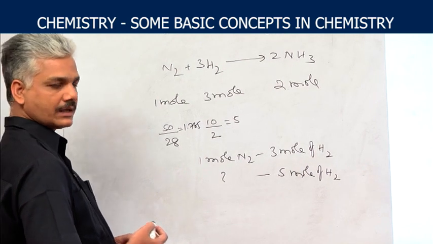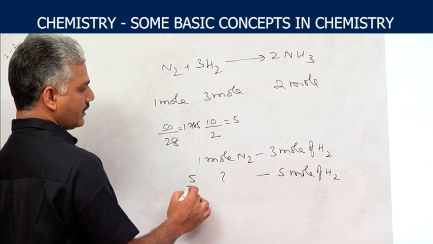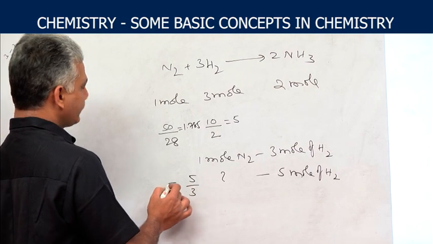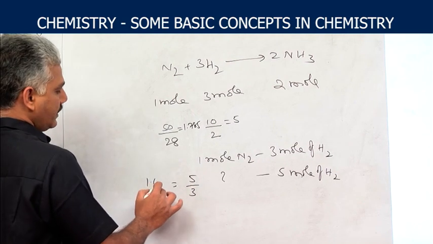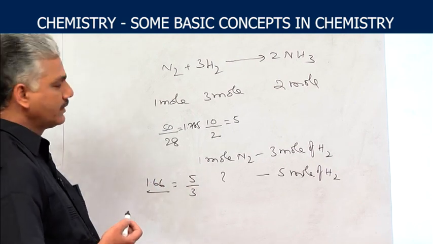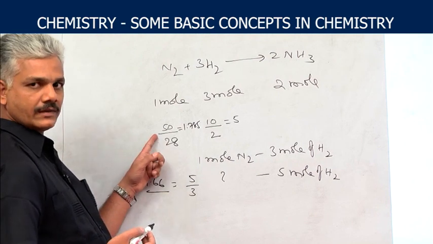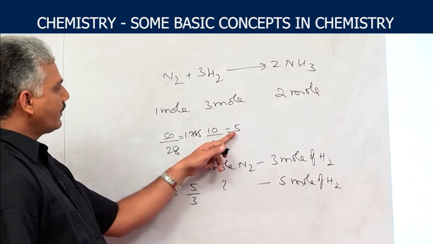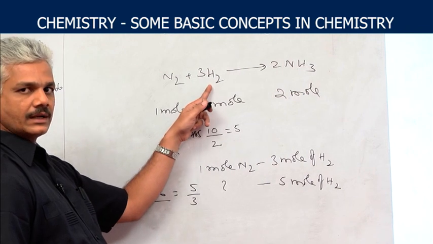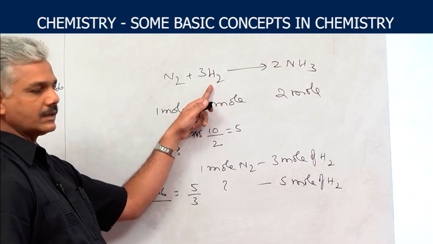First we have to calculate that. That comes out to 5 by 3, that is 1.66 moles. So, that much nitrogen is needed, and it is available. So, 5 moles of hydrogen is completely reacting in this reaction.